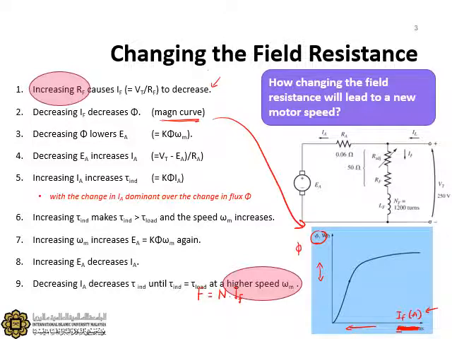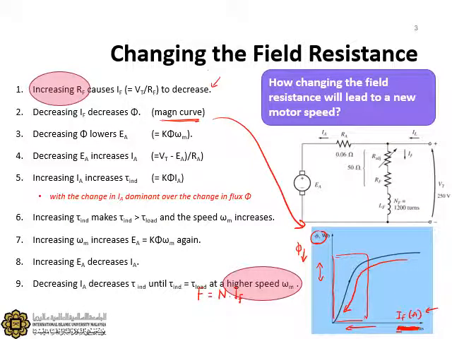So the flux will also decrease. We are going from here towards 0, so from right to left the flux is decreasing, especially within this linear region here.